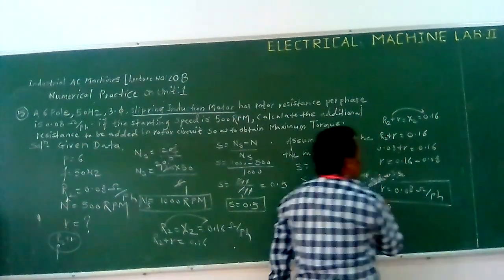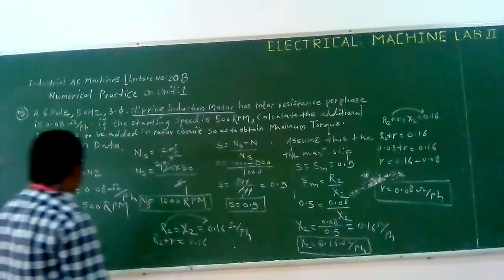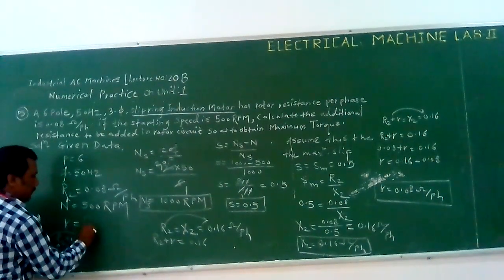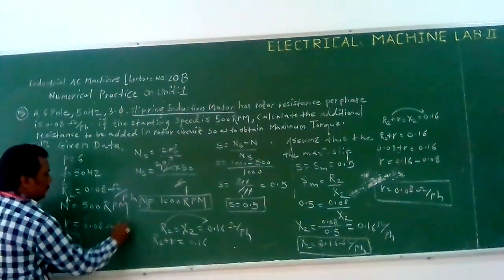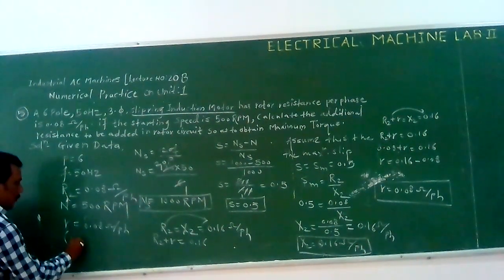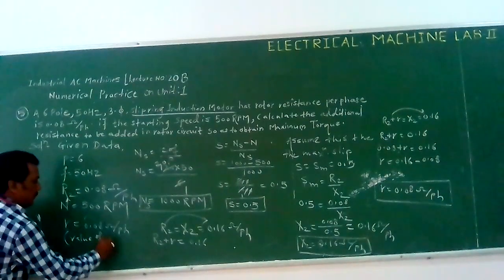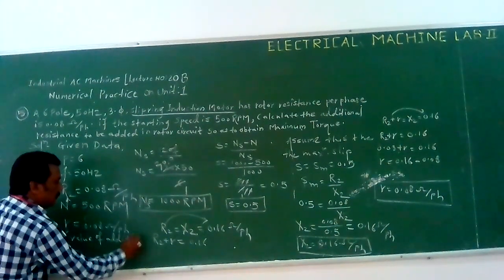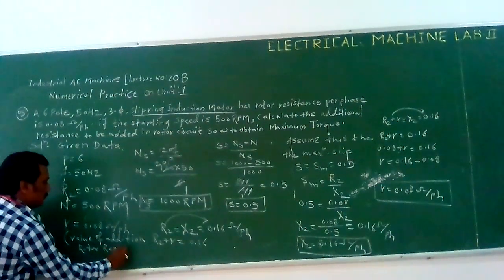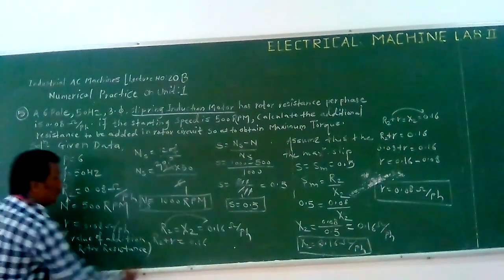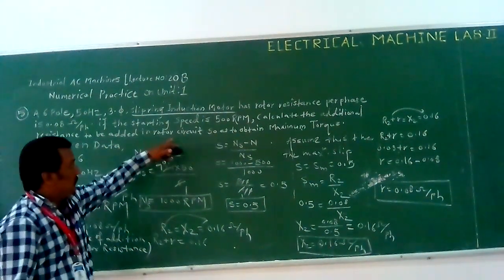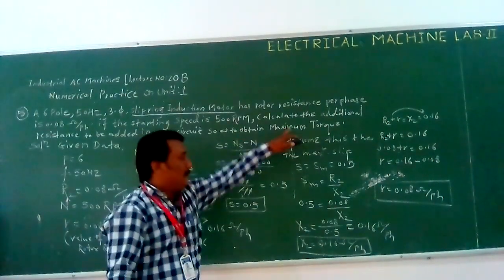It is the value of the additional rotor resistance, now 0.08 ohm per phase, to be added in the rotor circuit so as to obtain maximum torque.